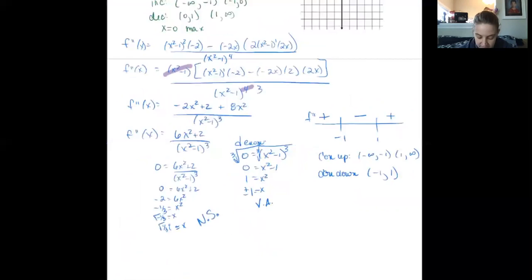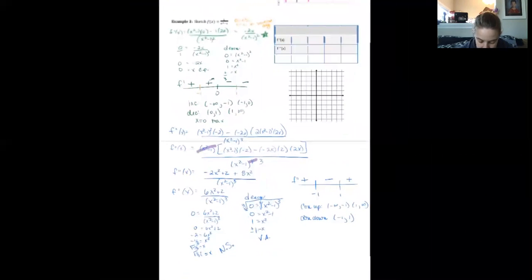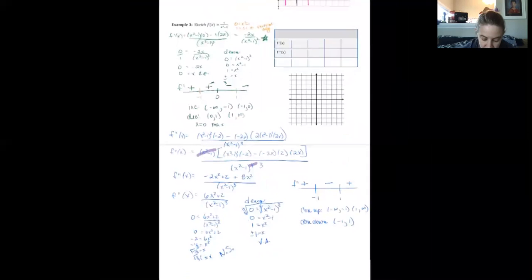Now, we have to put all of this on the table, so I'm going to zoom out a little bit. We've got -1 and 1. Those were those vertical asymptotes that kept showing up. And then we had a critical point at 0. So on my table, because these are vertical asymptotes, I would say does not exist, does not exist.